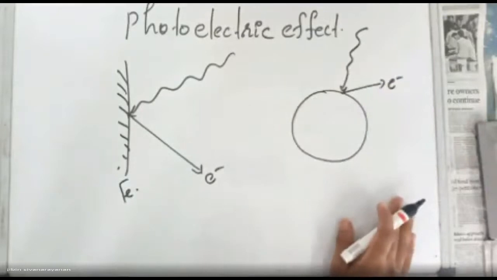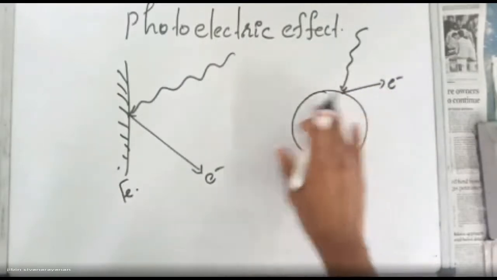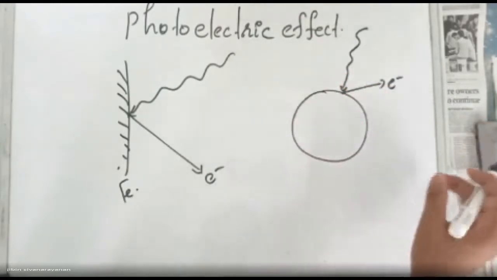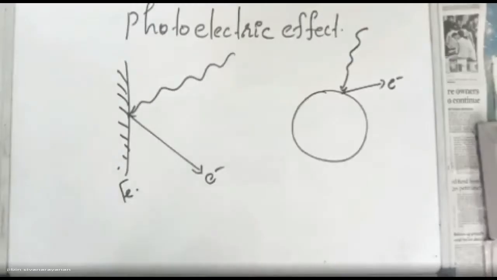If we want to eject the electron from the outermost shell of an atom, the energy corresponding to that is a technical term: the energy required to remove the electron from the outermost shell of an atom in a gaseous state is called the ionization energy.